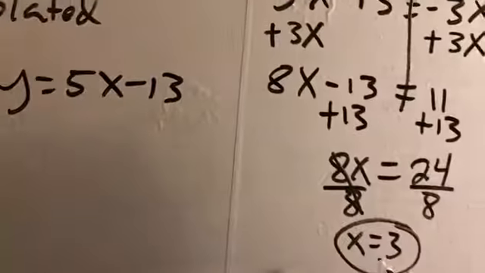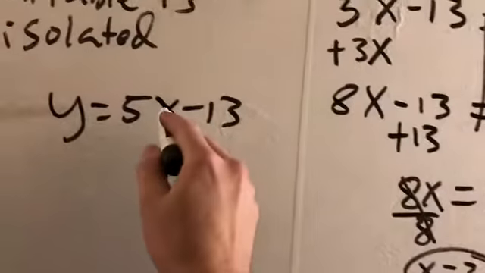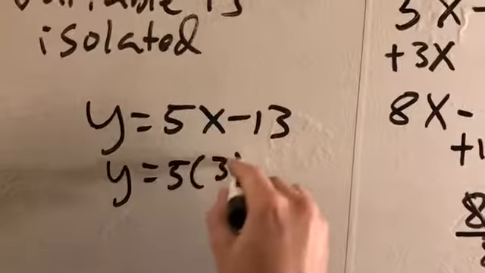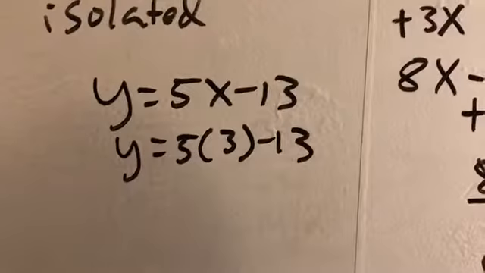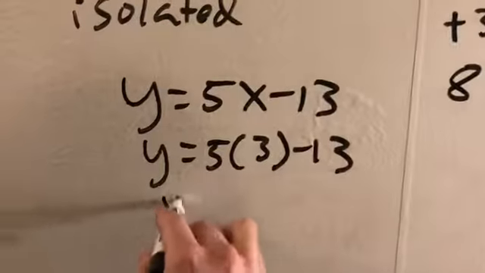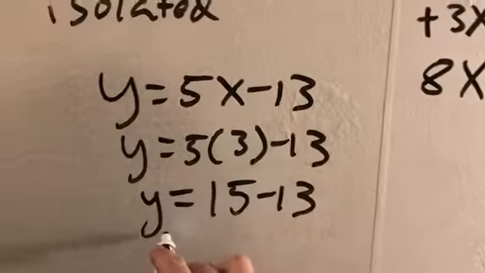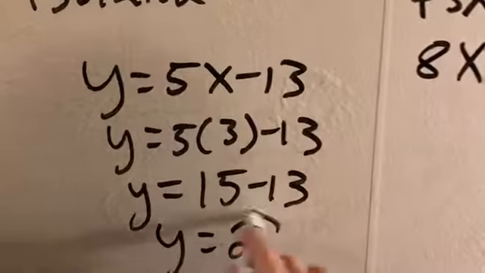Now I'm going to take my answer from the first part of the problem and substitute it in where I see x up here. I'm going to use parentheses to keep it organized. PEMDAS says 5 times 3 is 15. 15 minus 13 is 2.